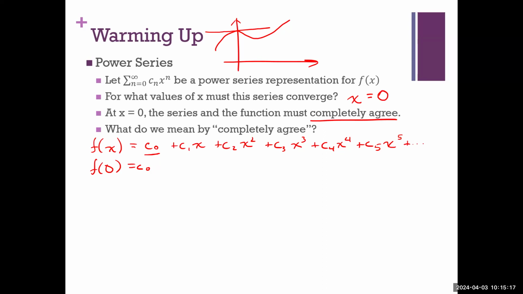What else should they have in common? Let's build that up. They have that point in common, but it would also be helpful if they had maybe the same slope. So let's take the derivative of this thing we just made. We know that f of 0 has to equal c0.